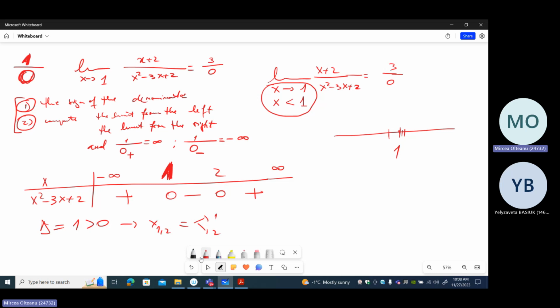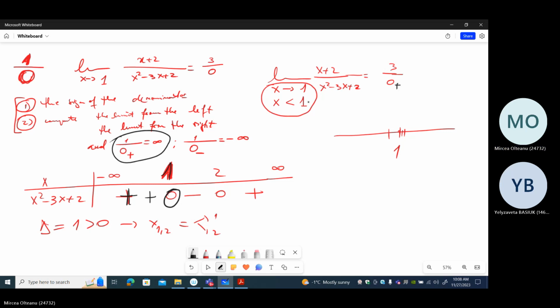On this table, we see that 1 is here. When we are close to 1 but at the left, the expression x squared minus 3x plus 2 is positive. When x equals 1, it is 0, of course, but before that it is positive. So this plus is coming from the sign of the denominator.